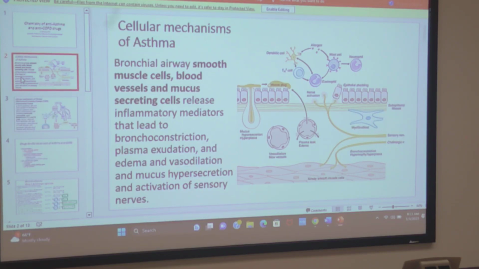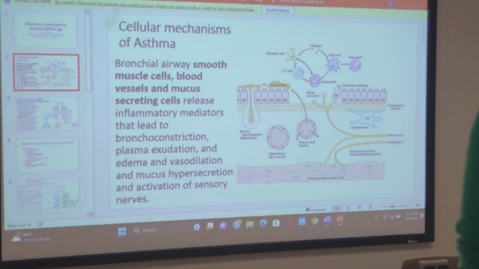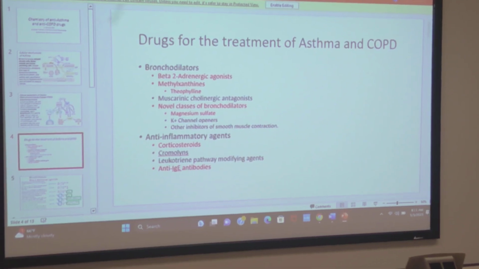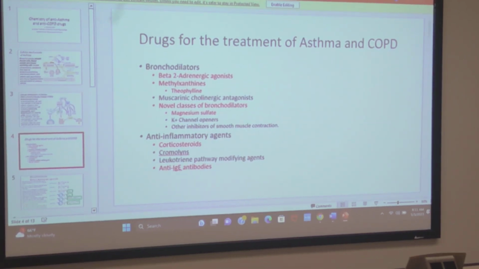The drugs used to do this are a bunch of them, but I'm going to talk about the ones in red. Bronchoconstriction is the condition which we have to treat, and we have to use drugs which can dilate the bronchial blood vessels or lung tissue. So there are bronchodilators and anti-inflammatory agents.